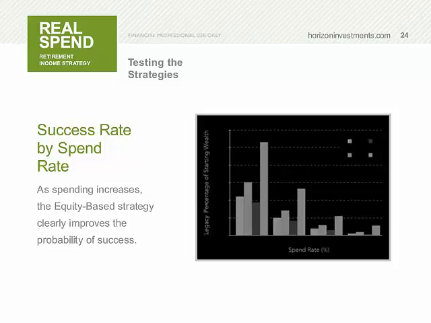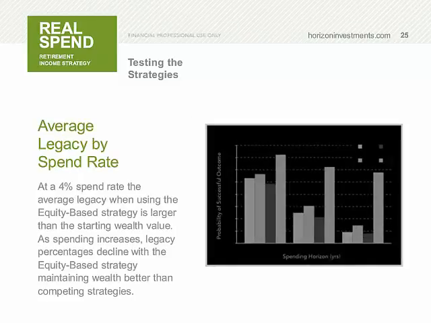The second piece is horizon. As people retire, there's a precipitous drop-off when you get out. I think I can use this slide. I know it's a little bit difficult, but essentially it goes from 20 years on the left out to 30 years on the right.